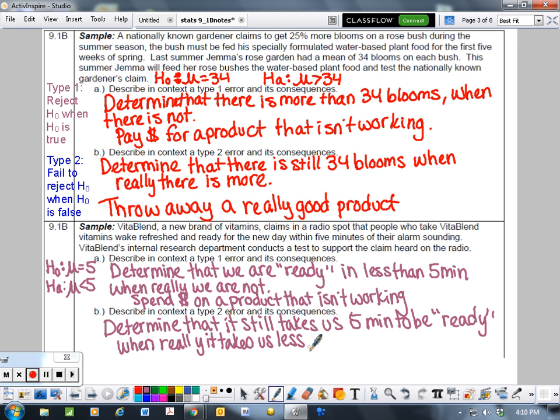It's almost like optimist versus pessimist. We're an optimist, woohoo, it's working, when really it isn't. And pessimist, it doesn't work, when really it is.